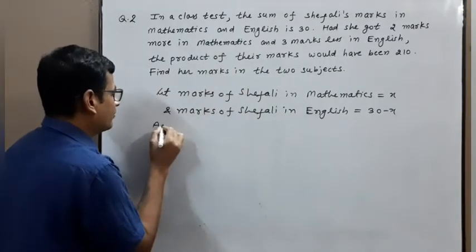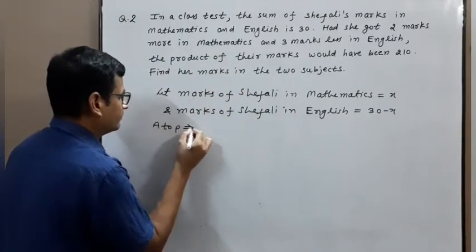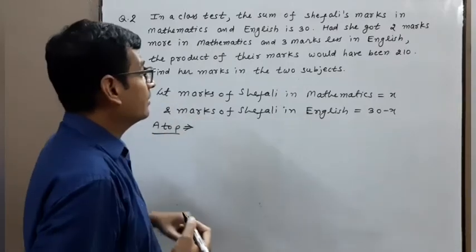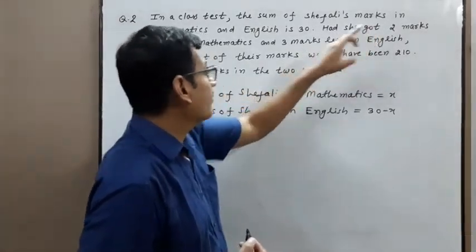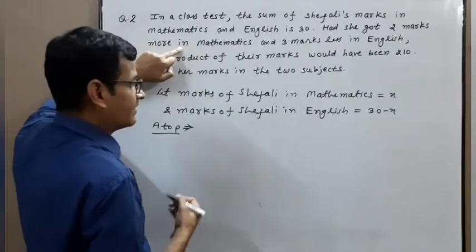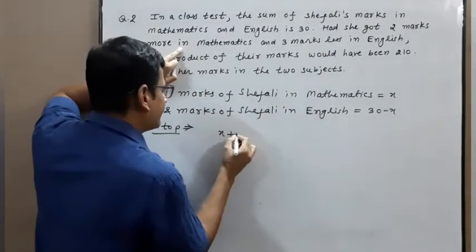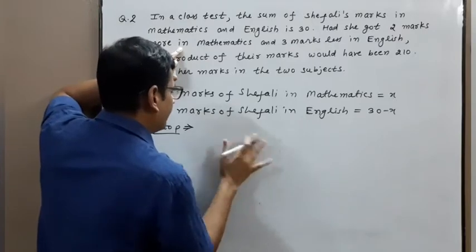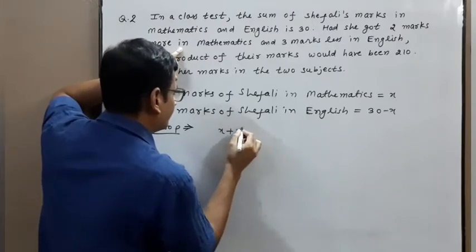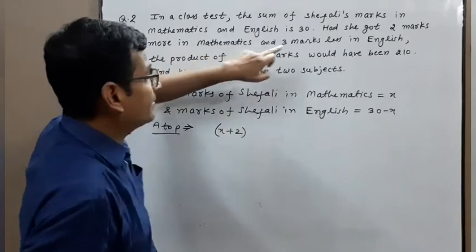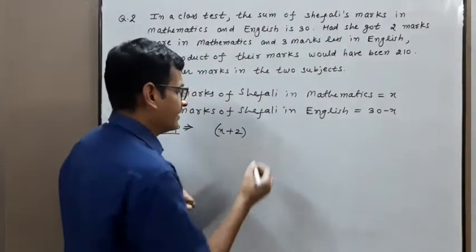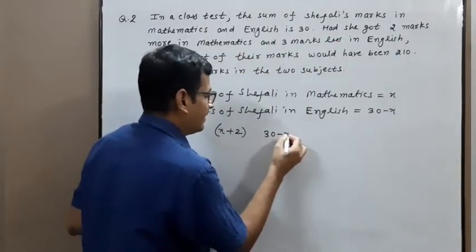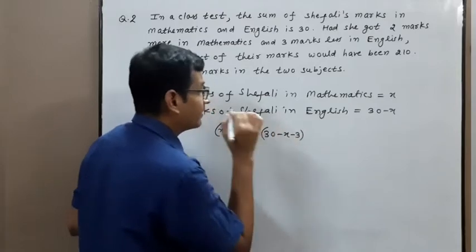Now write according to the problem. Had she got 2 marks more in mathematics, means x plus 2, and 3 marks less in English, means 30 minus x minus 3.